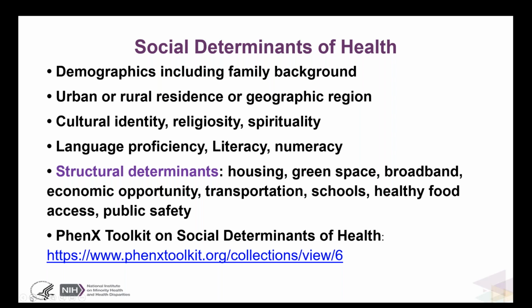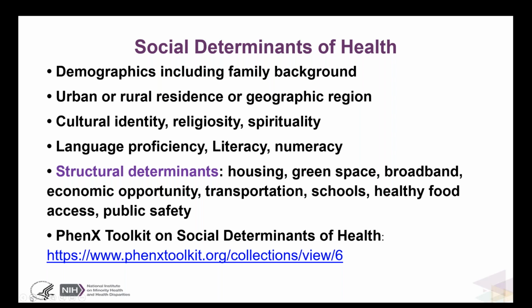We also want to focus on structural determinants: housing, green space, broadband, economic opportunity, access to transportation, access to quality schools, healthy food, and public safety or criminal justice issues. NIMHD completed a phase of its progress on harmonization of social determinants of health measures. I put the link in here to the Phoenix Toolkit.